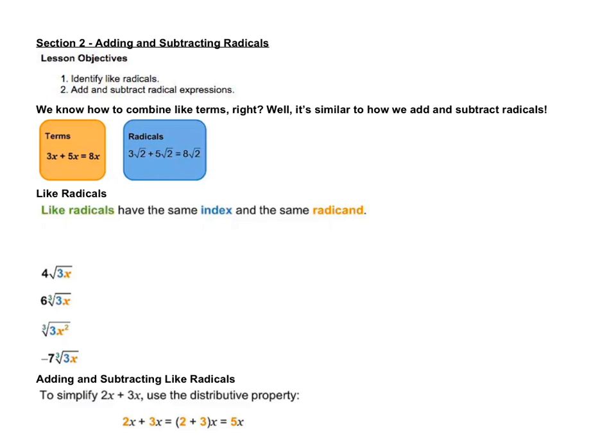When I combine like terms, I add the coefficients, and those are the numbers in front of the variable. But when we add and subtract radicals, we do the same thing. So if I have 5 times the square root of 2 plus 5 times the square root of 2, add your coefficients, the numbers that are out front, the integers, and combine those, and then just keep your radical 2, much like you just did here, okay?